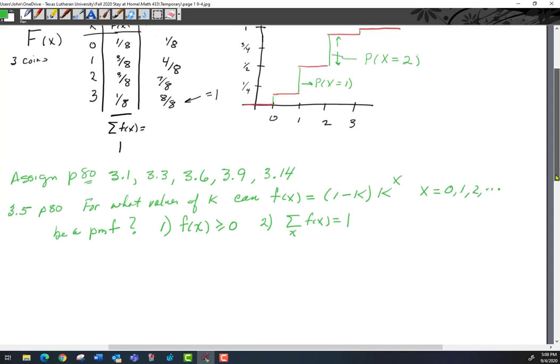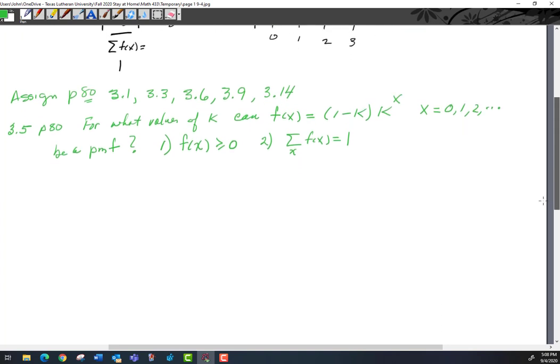So now we can use some of the sense God gave us and see what these 2 conditions say about the k that's in this formula. Well, first of all, I notice that k must be greater than 0. Now, why is that?